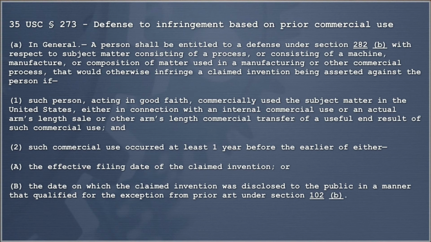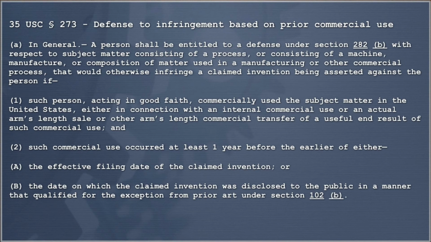In general, a person is entitled to a defense under Section 282(b) with respect to subject matter consisting of a process, or consisting of a machine, manufacture, or composition of matter used in a manufacturing or other commercial process that would otherwise infringe a claimed invention being asserted against the person.